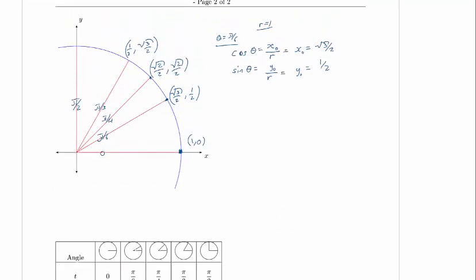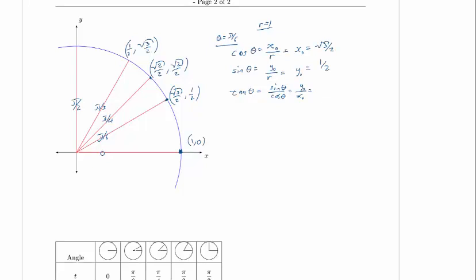Okay, so let's start going through the others. Tan theta equals sine theta over cosine theta, which again is just the y coordinate divided by the x coordinate.